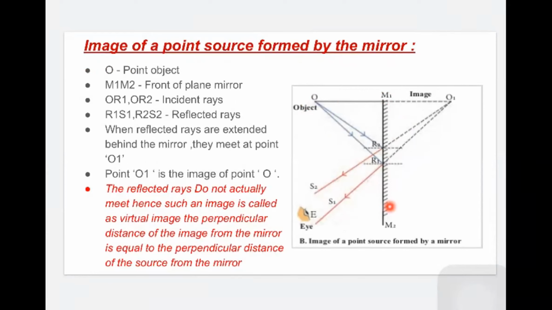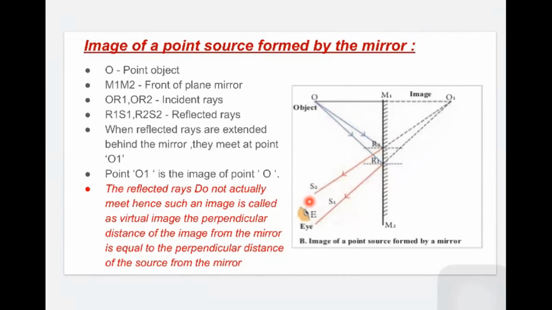The shaded portion at the back is the back side of the mirror. The ray OR1 is incident on the reflecting surface of the plane mirror and gets reflected back. Similarly, the ray OR2 is incident on the plane mirror and is reflected as the ray R2S2.